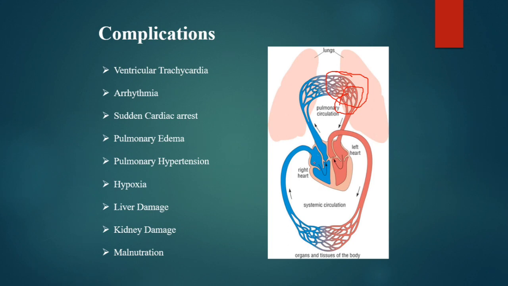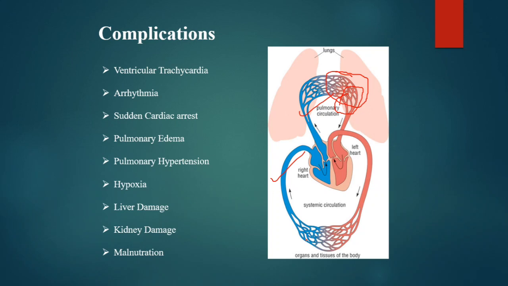Then both ventricles will have failed. If both ventricles fail, again the pressure in the superior vena cava and inferior vena cava will be so high that fluid will accumulate in various parts of our body, like in the ankle, which is called ankle edema.